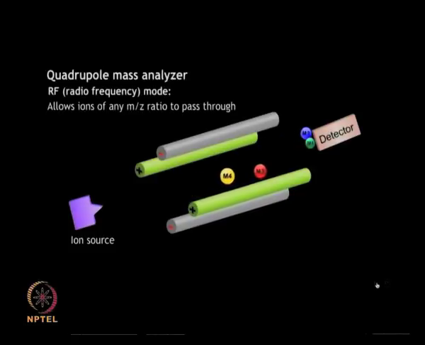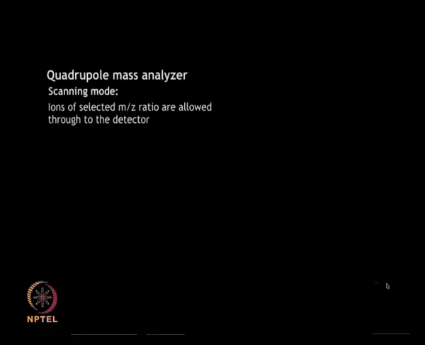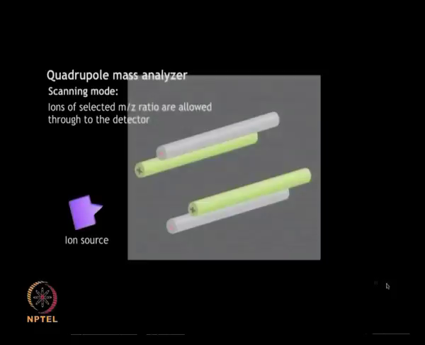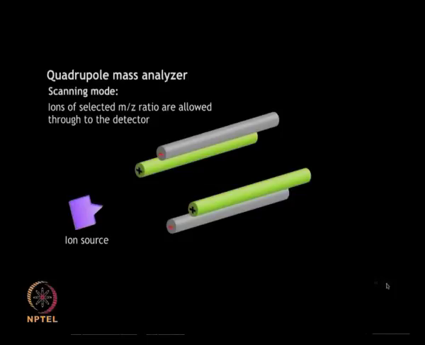So, there are two modes in which the quadrupoles can be operated, the radio frequency mode or the scanning mode. The RF mode can allow all the ions to pass through, whereas in the scanning mode, the quadrupole analyzer selects ions of a specific m/z value as defined by the user.